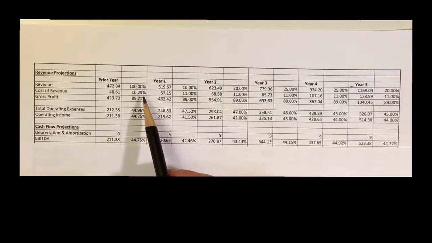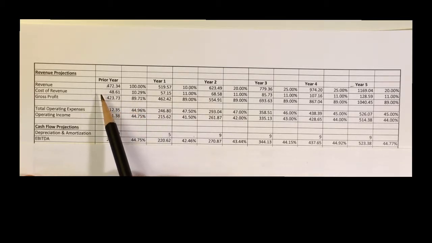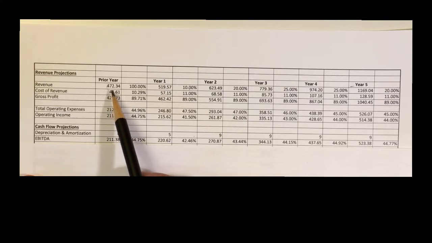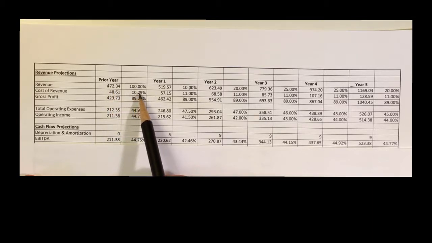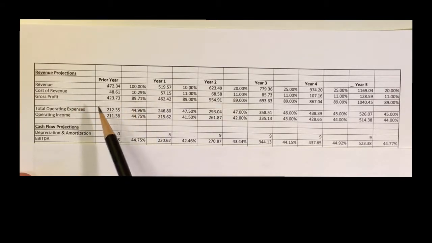Well, you'll see that the historical number was 10.3% roughly. So meaning historically, the amount of money the company spent on maintaining the software that was underlying the subscription revenue was around 10.3% of those revenues. So for every dollar of revenue, 10.3 cents had to be spent on cost of revenue expenditures.